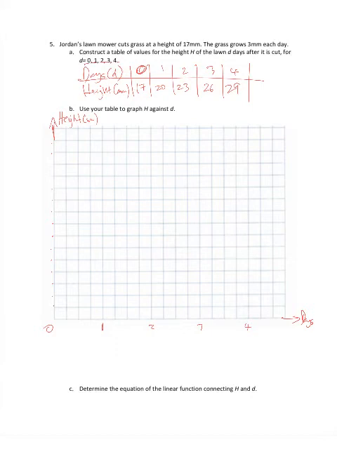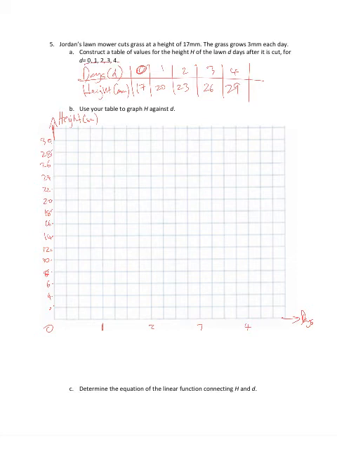What's double of 15? 30. So for each box we're going to go 2, 4, 6, 8, 10, 12, 14, 16, 18, 20, 22, 24, 26, 28, 30.